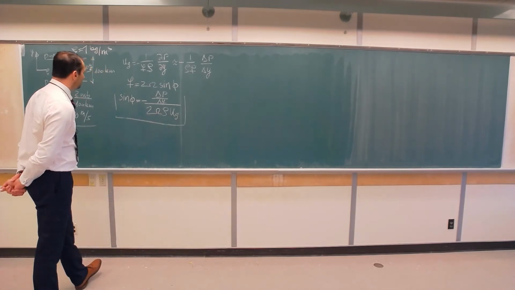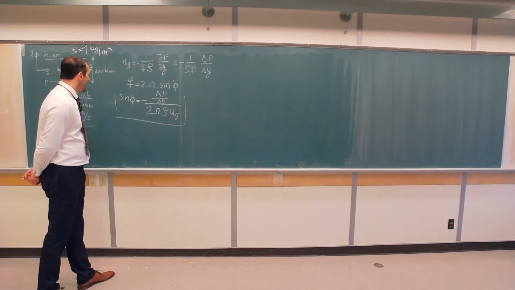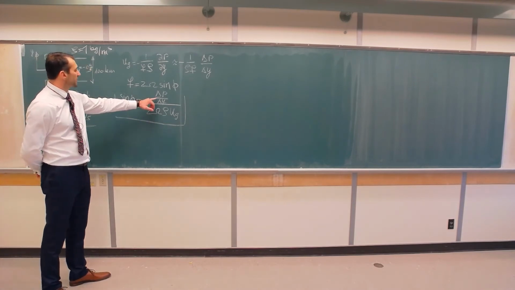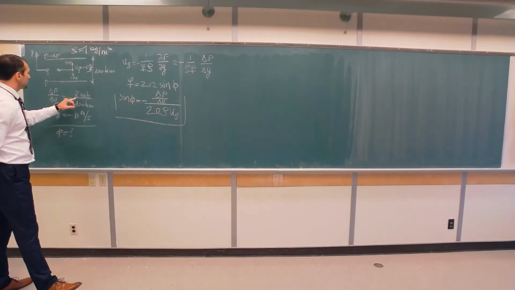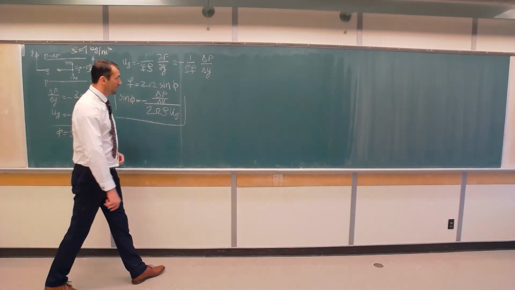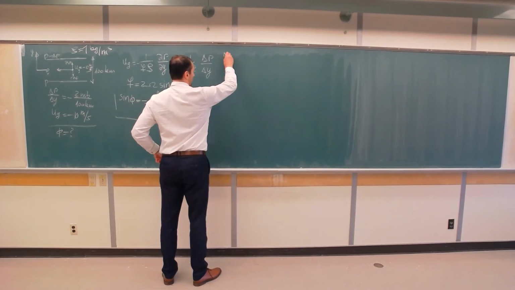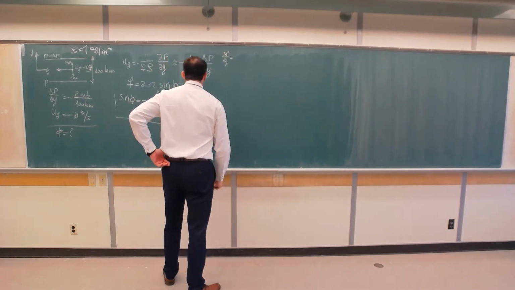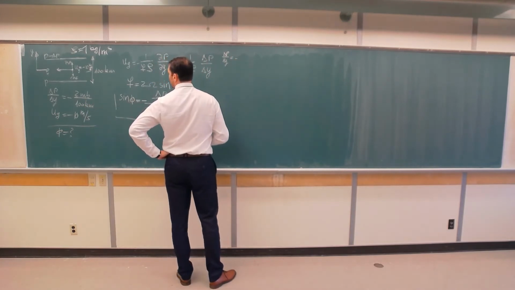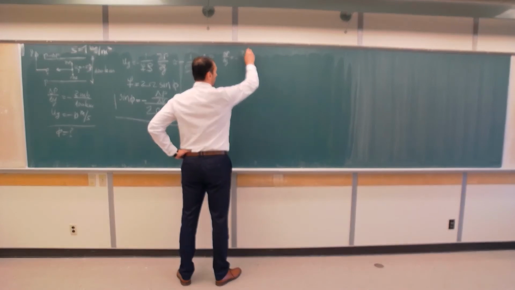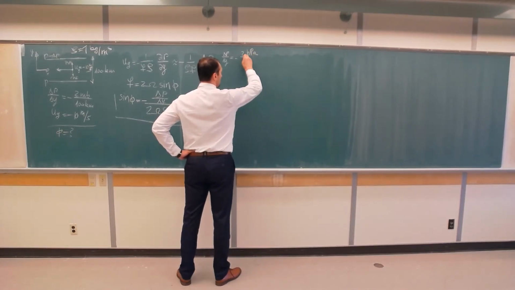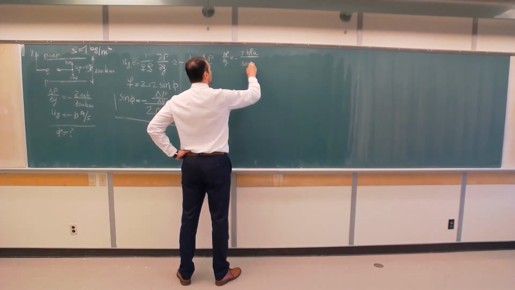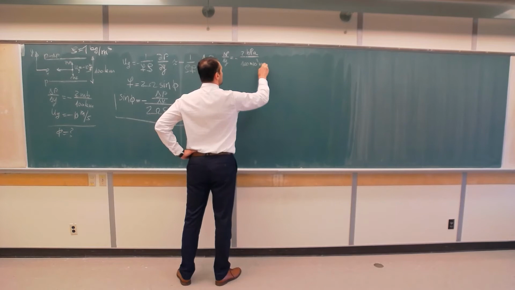It should be correct. Okay, so now let's calculate this, but we need to express this in SI units because this is given as 2 millibars per 100 kilometers. So delta P over delta Y is equal to minus 2 millibars per 100 kilometers. But a millibar, we know, is a hectopascal, so it's 2 hectopascals over 100 kilometers, that is 100 times 10 to the power 3 meters.